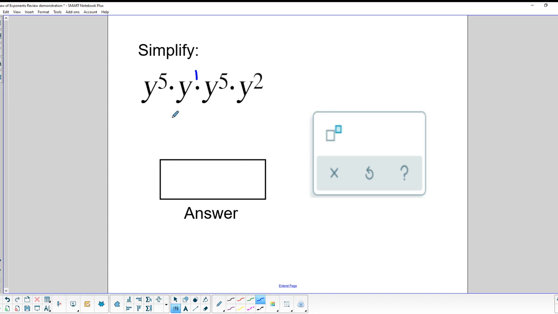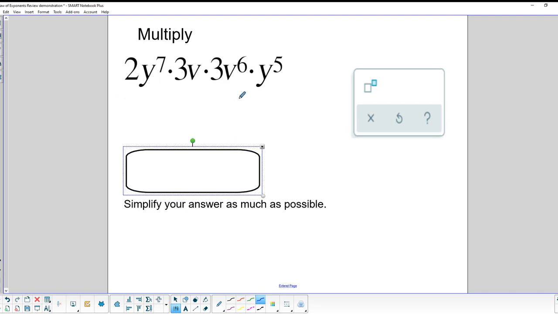We're going to have y to the 5 plus 1 plus 5 plus 2 power. So when I add all of those exponents up, 5 plus 1 is 6, 6 plus 5 is 11, and 11 plus that last 2 is 13. So our answer would be y to the 13th power.